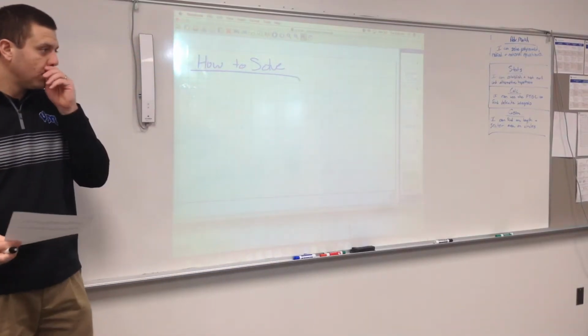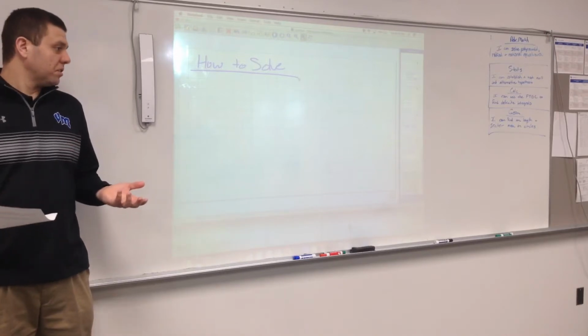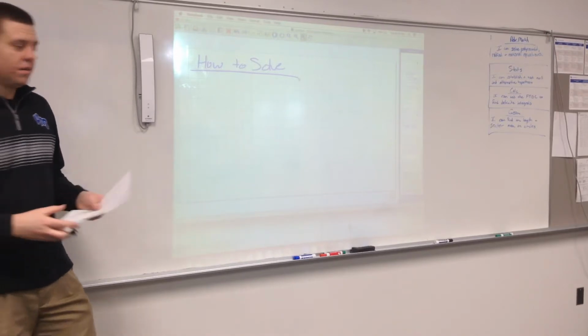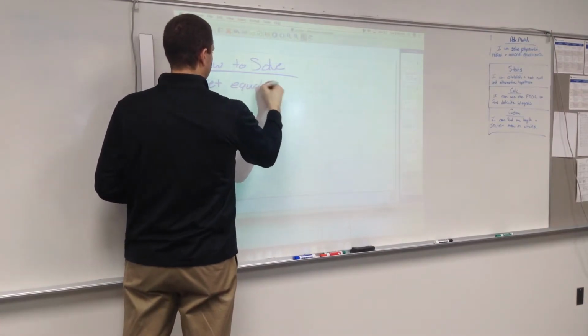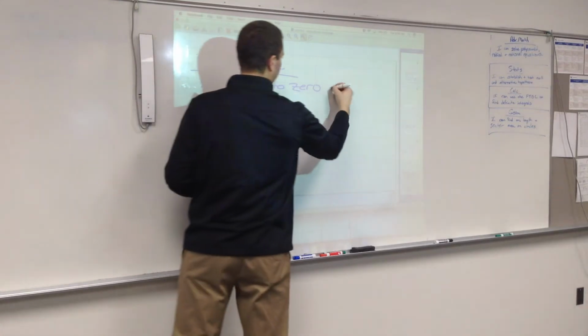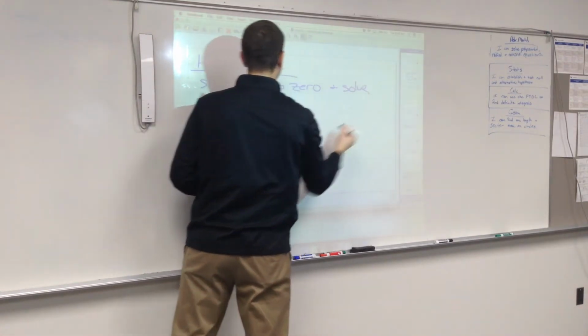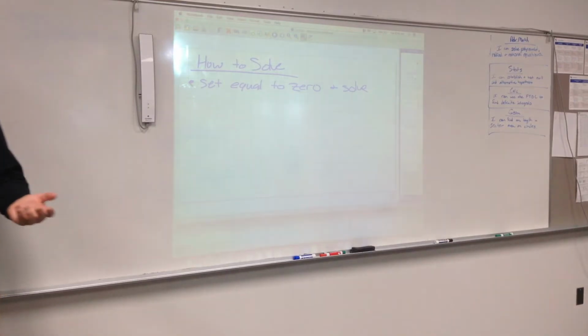What's that? I'd set them equal to 0. The first thing I would probably do is set equal to 0 and solve. That's one way of doing it. Okay? Well, how do you solve?